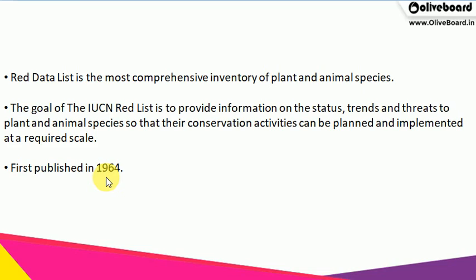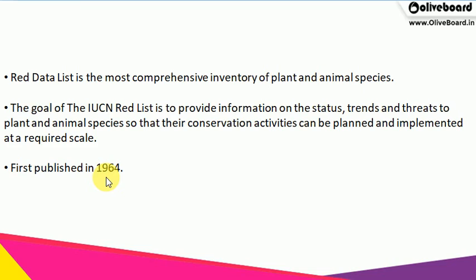So the goal of the IUCN Red Data List is to provide information, this is the important point, on the status, trends and threats to plant and animal species, so that their conservation activities can be planned efficiently and implemented at the required scale, the scale at which the conservation activities are required for a particular species.